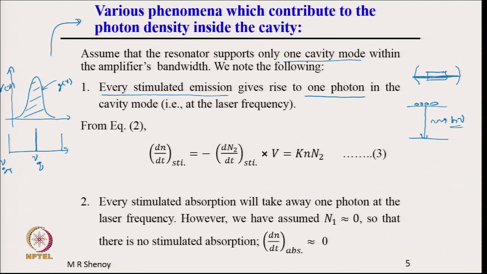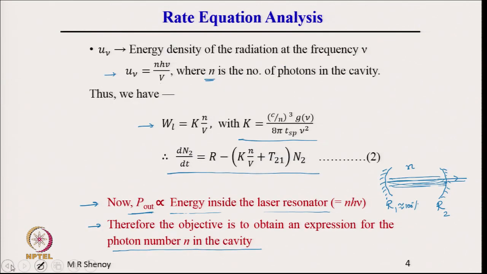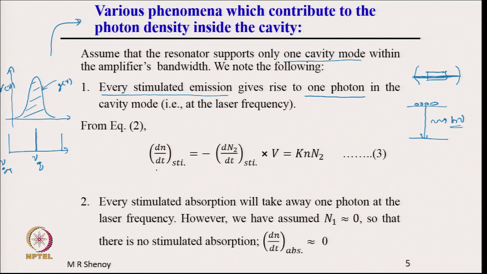Therefore, from equation 2, look at the components. This is the stimulated emission component, this is the spontaneous transition component, and this is the pump, and this is the component that we are discussing. From equation 2, dN by dt due to stimulated emission, where dN by dt is the rate of change of the photon number in the cavity.